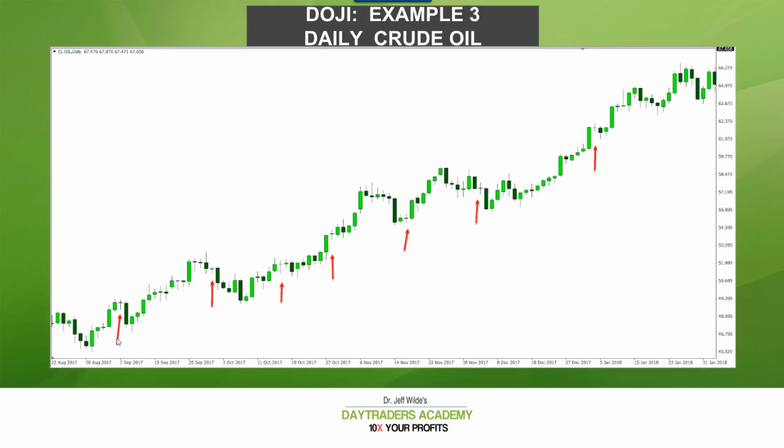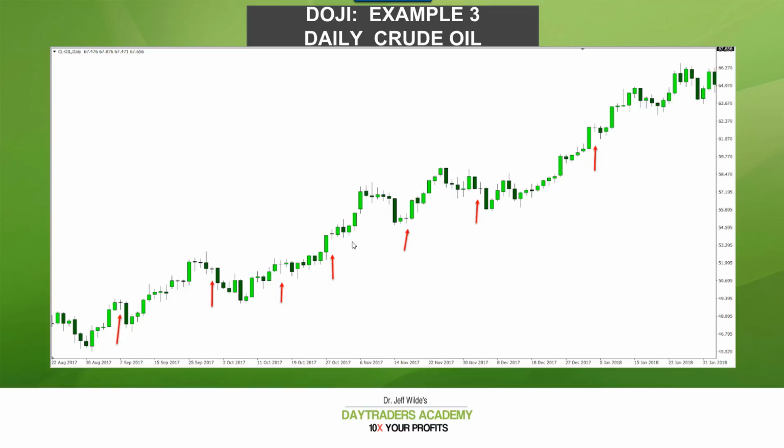Notice that this market, this was a crude oil daily chart. Market starts breaking at new highs. Consolidation. But notice how many dojis were happening, and then you kept making new legs up, right? Also notice on this chart how many candles or spinning tops there were. All over the place, guys.